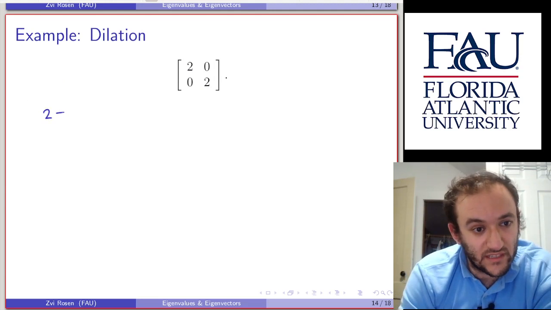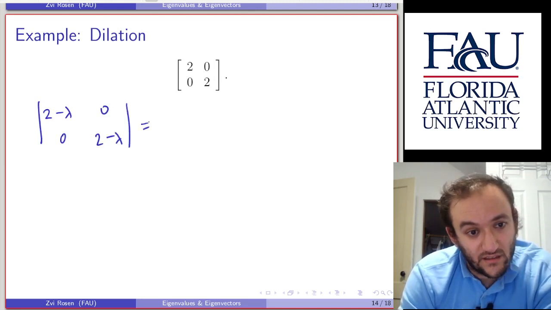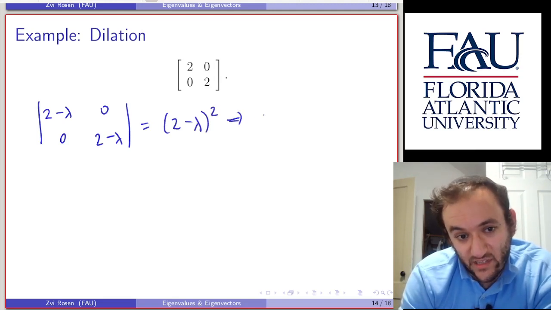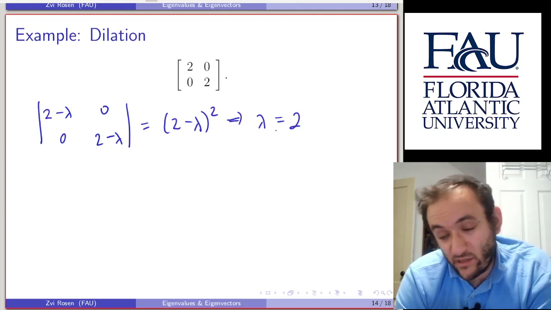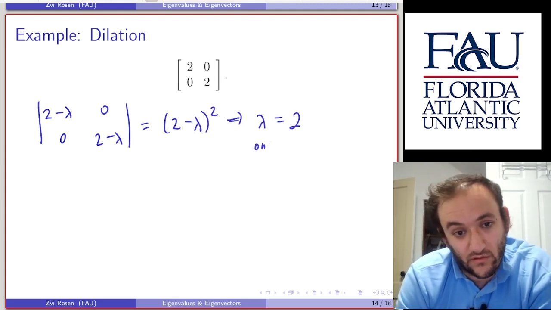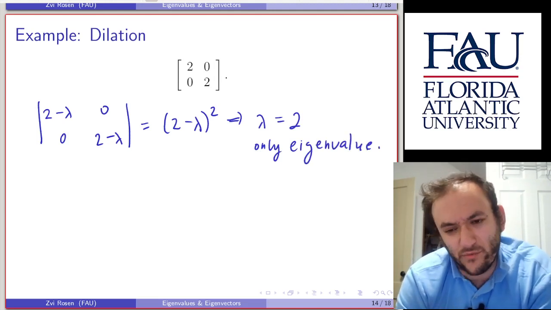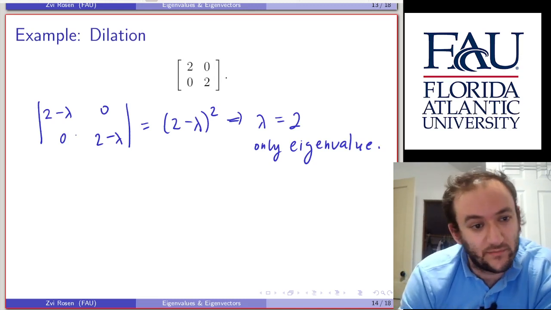Computing the determinant of (2 minus lambda, 0, 0, 2 minus lambda), this is just equal to (2 minus lambda) squared, which means that lambda equals 2 is the only eigenvalue. Which makes sense because you're scaling every vector by 2, so why would we find a different constant that we're scaling by?